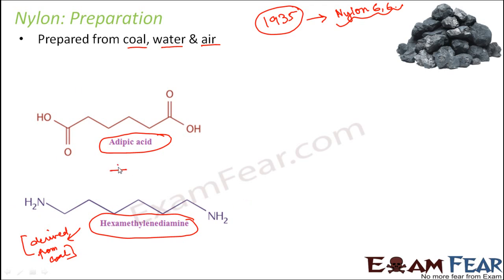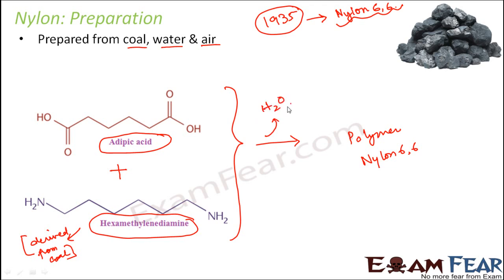When these two are allowed to react with each other at moderate temperature and pressure, they react and release a water molecule, and what we get is a polymer, that is nylon 66. In this process water is released. The process where polymer formation takes place is known as polymerization. So this is how nylon is prepared.